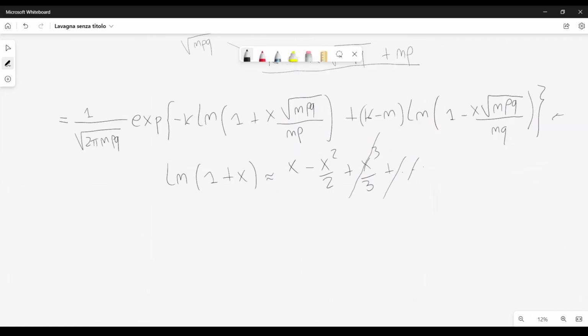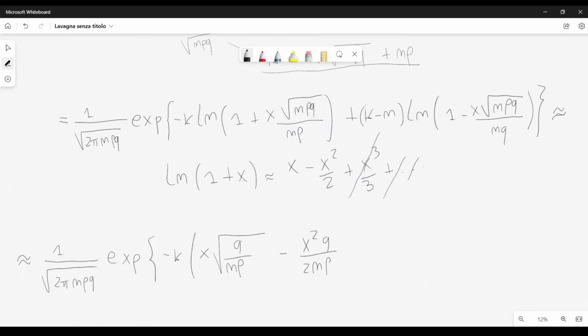This is approximately equal to 1 over square root of 2 pi n pq. And then I have the exponential of, I have minus k, and this multiplies x times square root of q over np, minus x squared q over 2np plus higher order terms, which I'm not interested in.